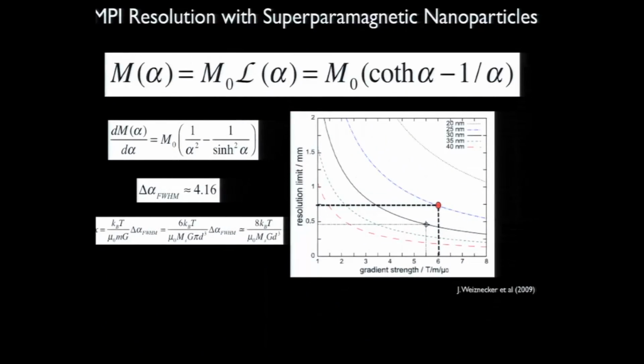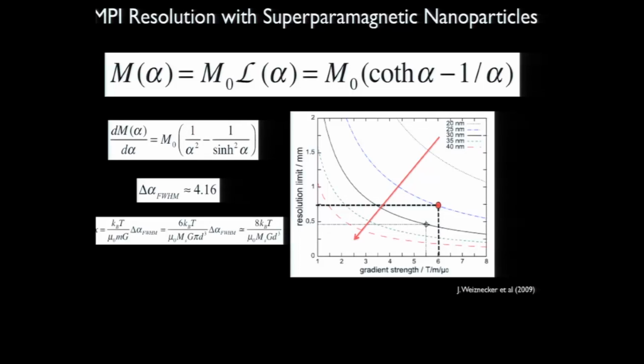And then, this is the first paper published by Weizenecker and so on. They tell you essentially that the resolution depends inversely on the gradient and as a cube of the diameter. This is all based on the Langevin function. So you take the derivative of the Langevin function, numerically integrate it, calculate the half-width of the Langevin function, and then you calculate what the resolution is.